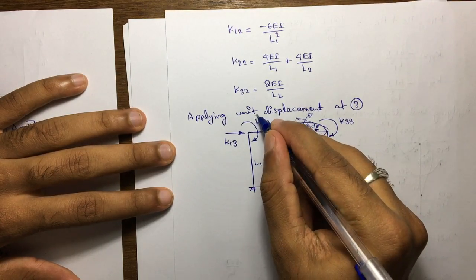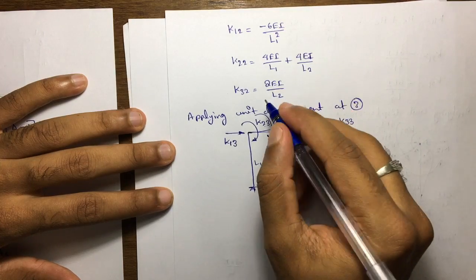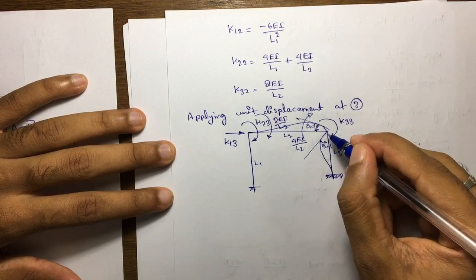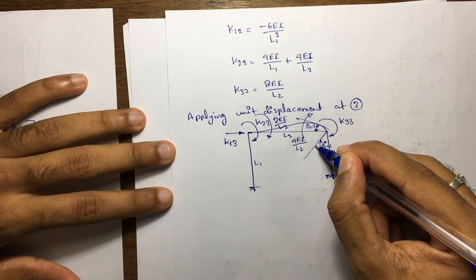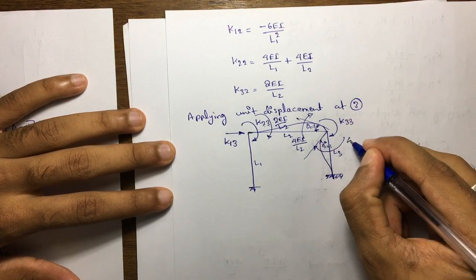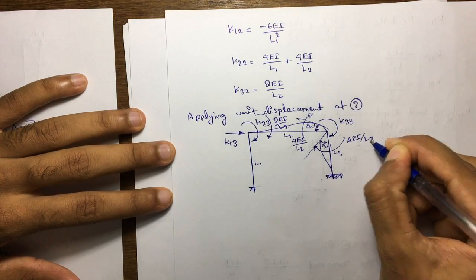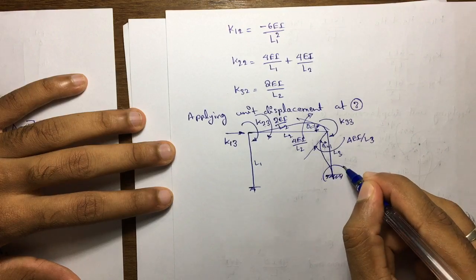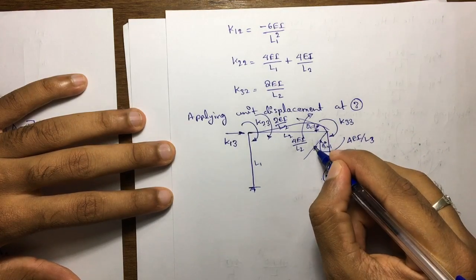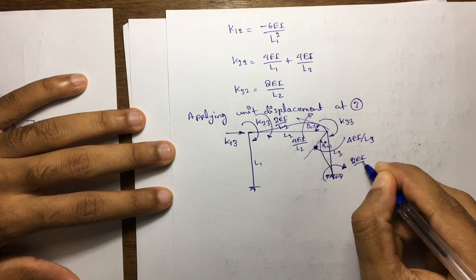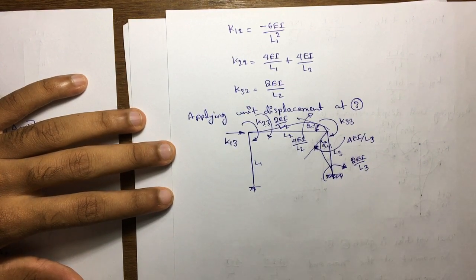At the far end again a clockwise moment 2EI divided by L2. At this point the moment will be 4EI divided by L3. On the far end, that is also clockwise, 2EI divided by L3.